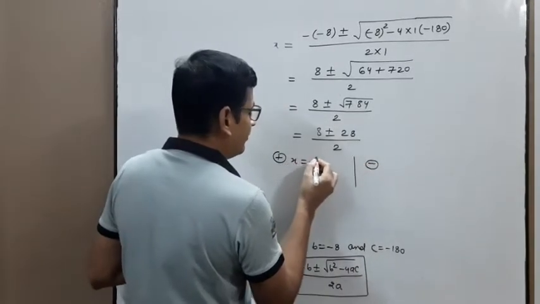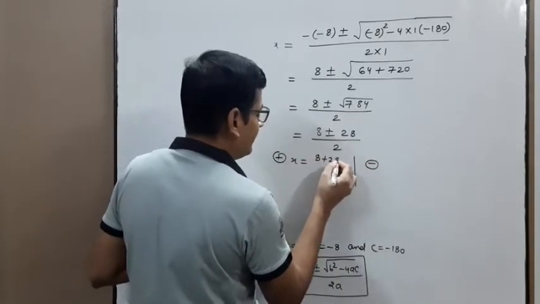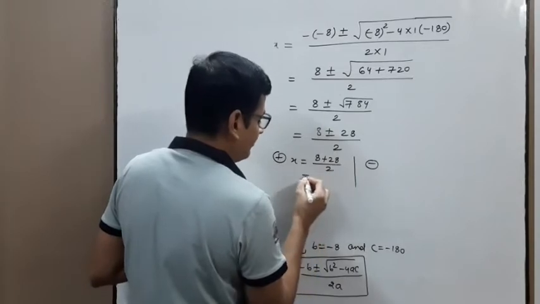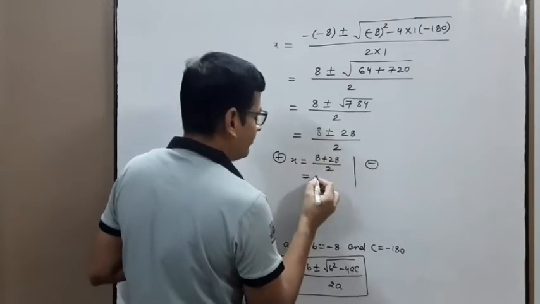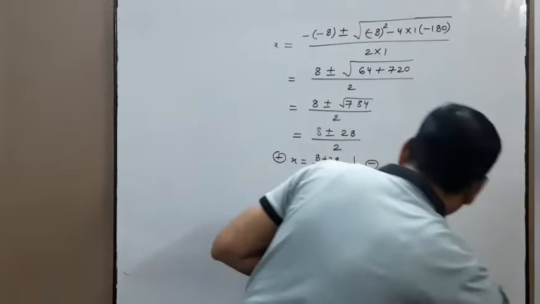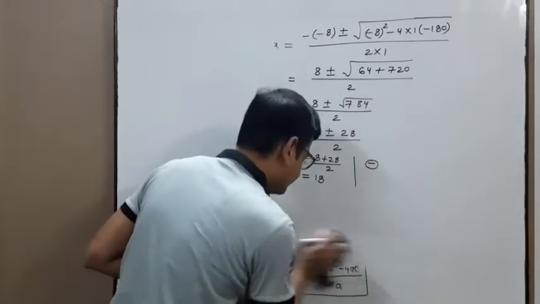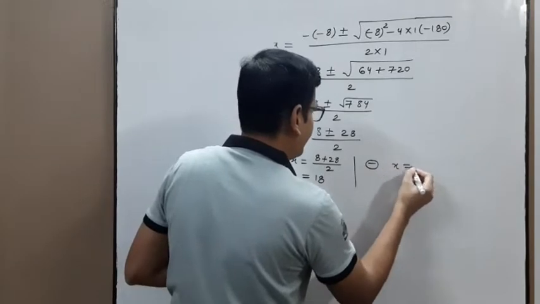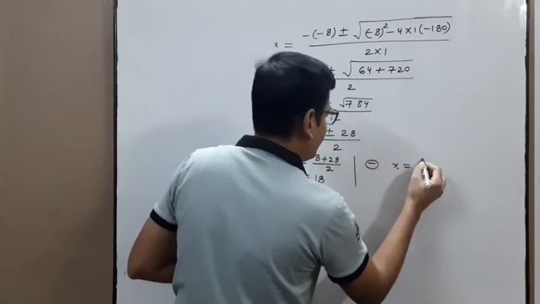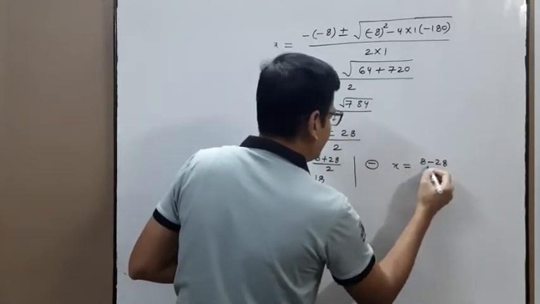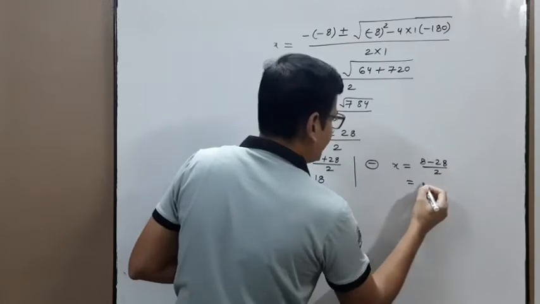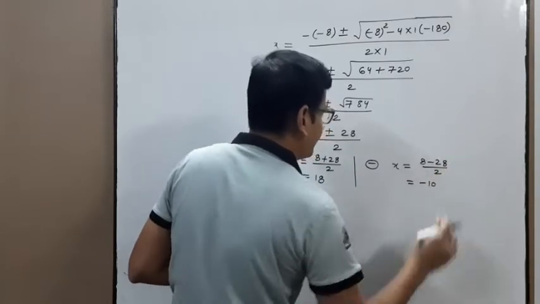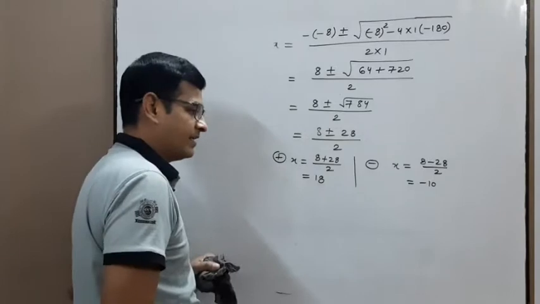x equals 8 plus 28 upon 2. So 36 upon 2, 18. And taking minus sign, x equals 8 minus 28 upon 2, which is minus 20 upon 2, minus 10.